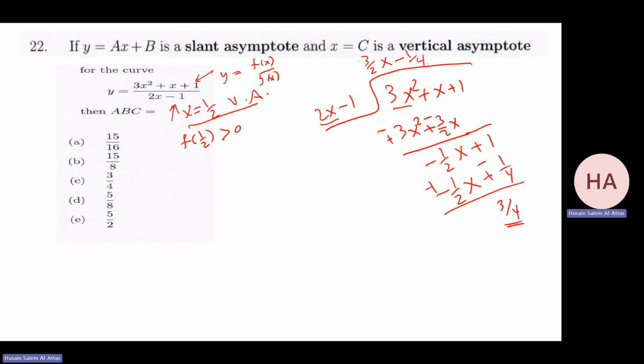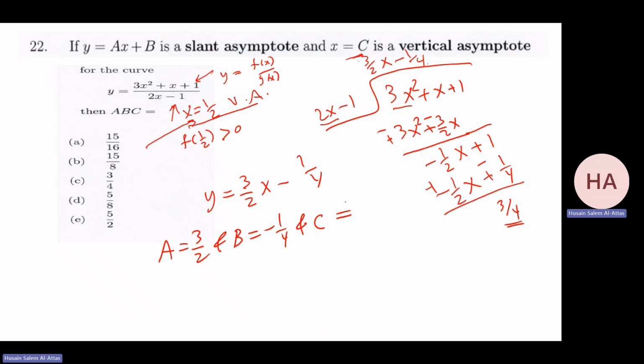That's it. So what is my slant asymptote? 2x minus 1. So I have A is 2, B minus, no. What do you mean 2x minus 1? My slant asymptote is what? 3 over 2 x minus 1 over 4. So A equals 3 over 2, and B equals minus 1 over 4, and C, which is the vertical asymptote, x equals half, so C equals half.